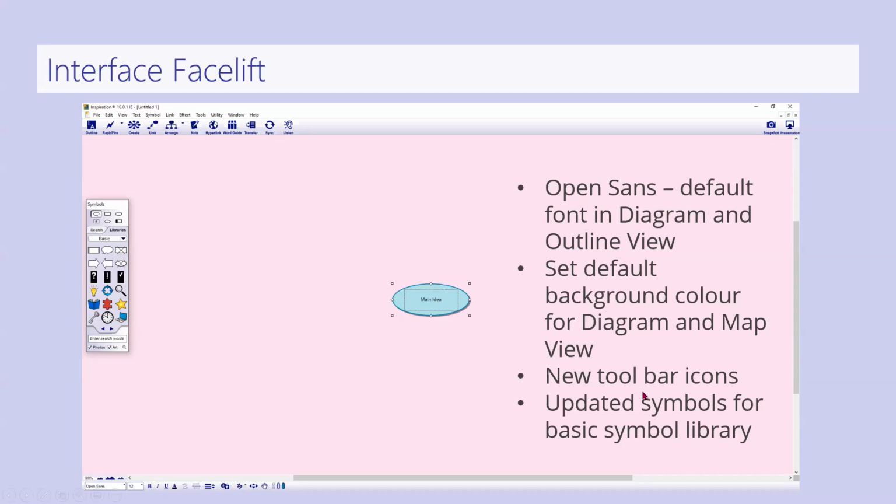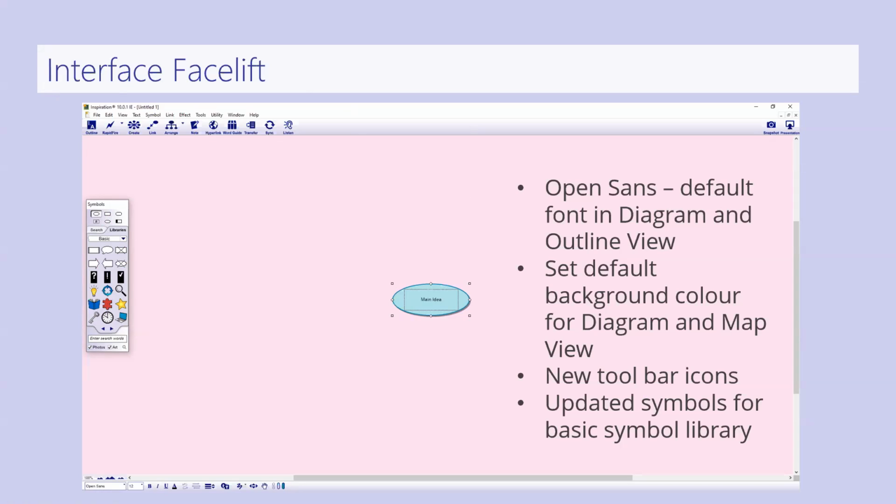We've also updated the toolbar icons, again, just to freshen it up, make it look a bit more modern. And these symbols here, the ones that are your default when you launch the application, these have been updated as well. They are a series of small changes. We didn't want to make radical changes to the interface.